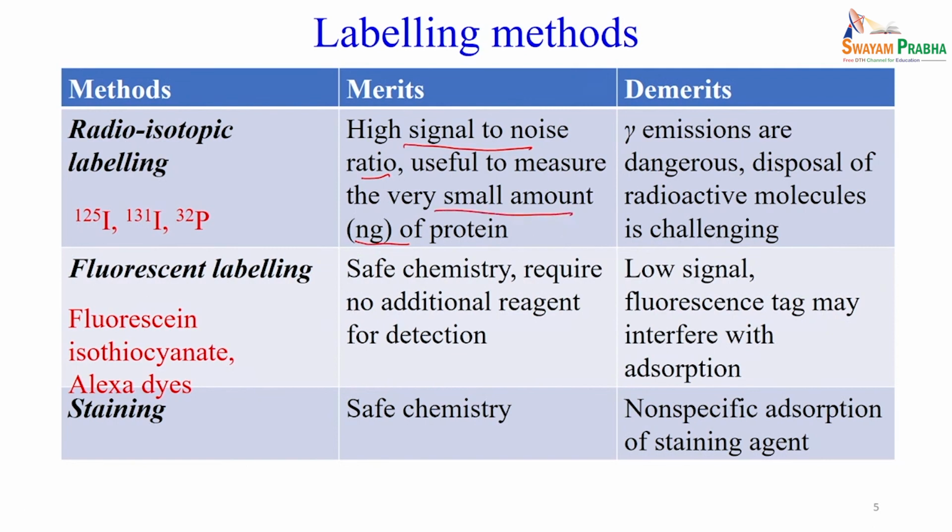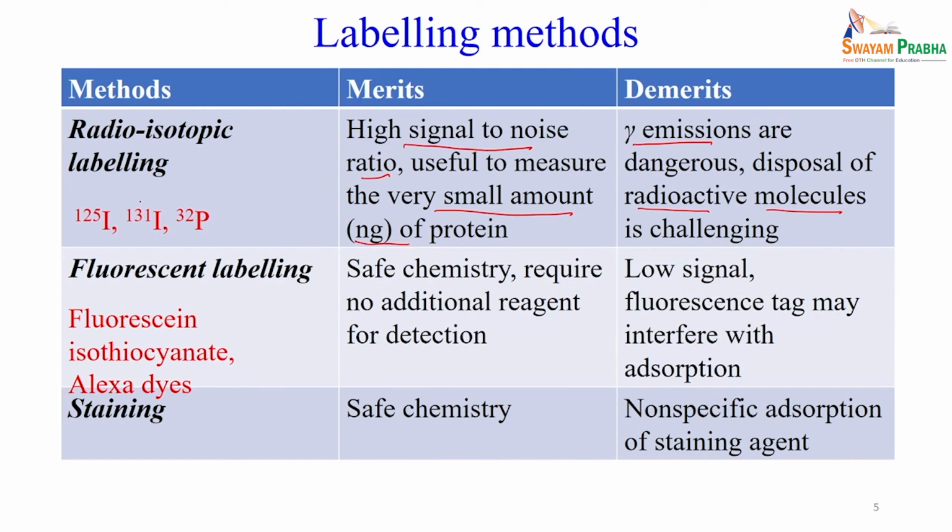But if you are using the radioisotope, we are susceptible to the gamma emissions, and also the disposal of the radioactive materials or radioactive substance requires a sophisticated facility, and that is also a challenge.